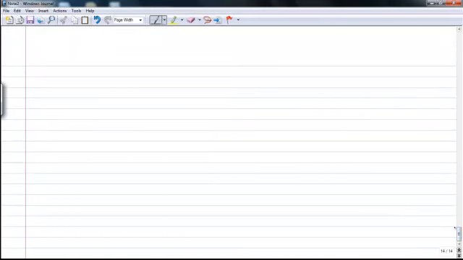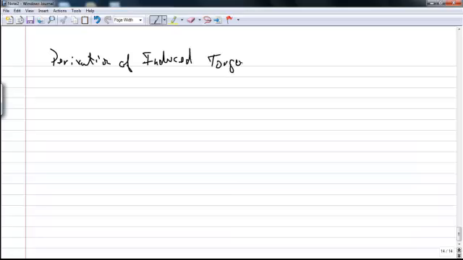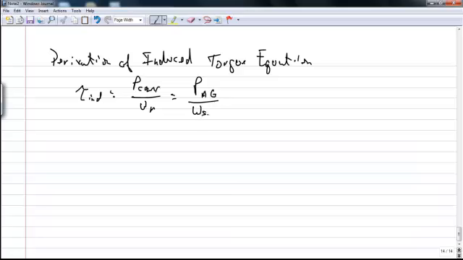We can derive the induced torque equation as well. So the induced torque is equal to the converted power divided by the speed, which we've shown is equal to the air gap power divided by the synchronous speed.